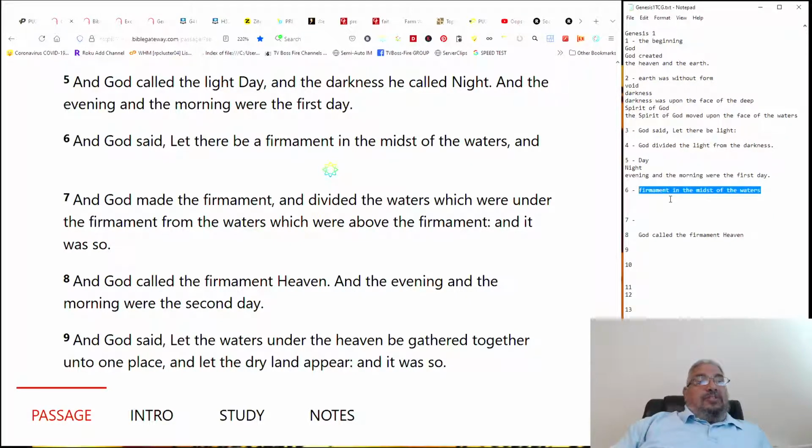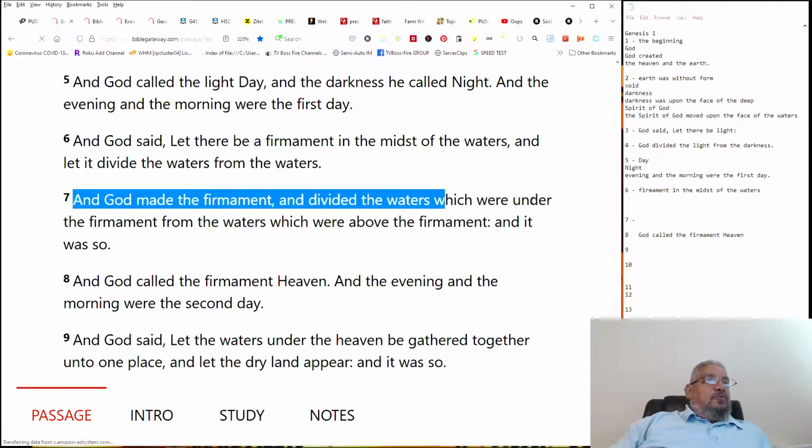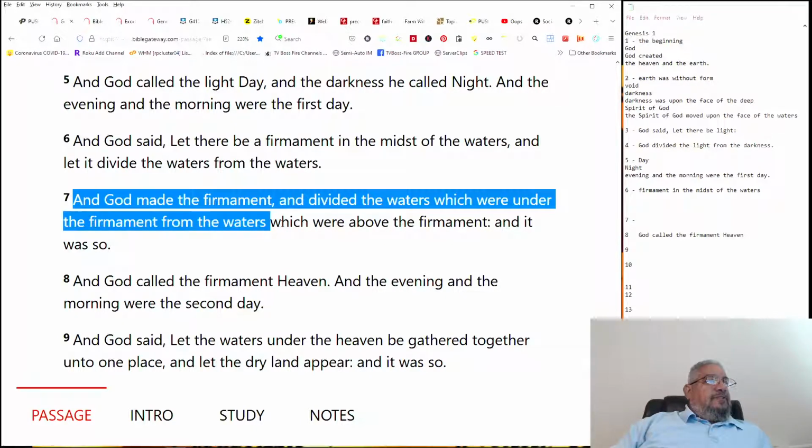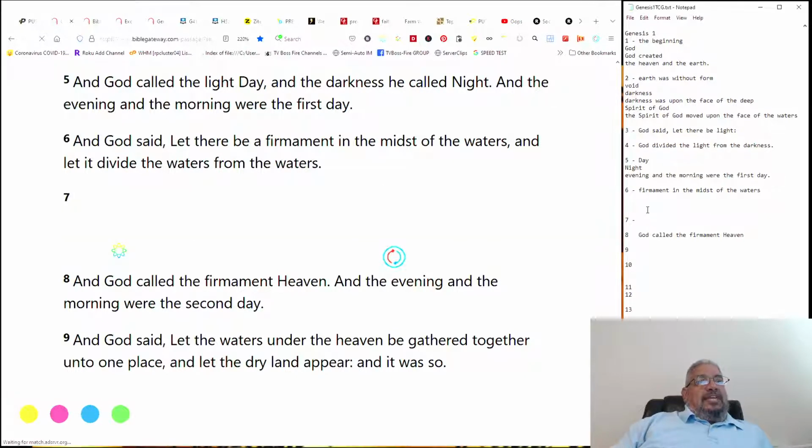The other potential thing was to put a firmament there, but since 7 says, "And God made the firmament and divided the waters which were under the firmament from the waters which were above the firmament, and it was so," what really could be done for 7 is actually the firmament itself. So I'm going to put that there, firmament.